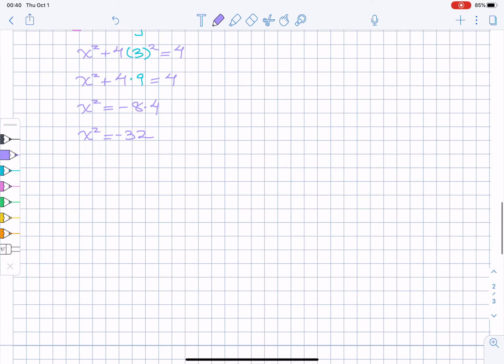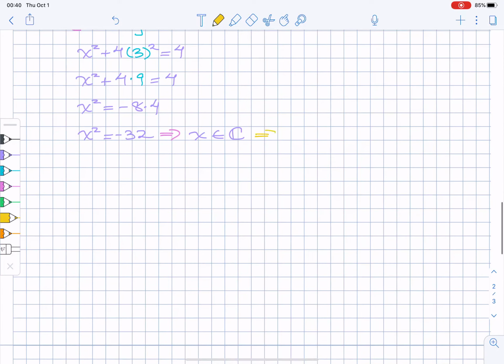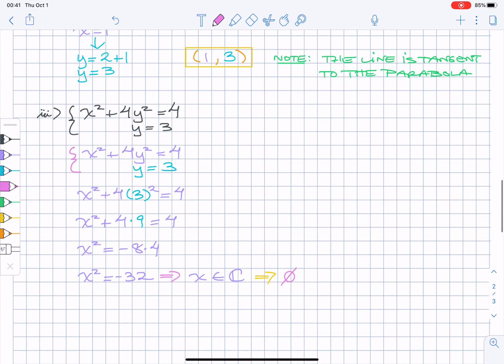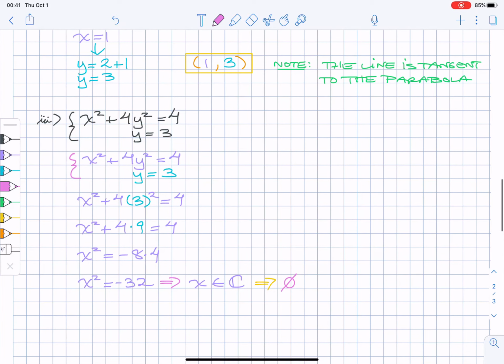Okay, well that means that x must be an element of the complex plane. For us, that means no solution. So it's no solution, right? But what did I start out with here? I started out with an ellipse or a circle. Well, no, an ellipse and a line.